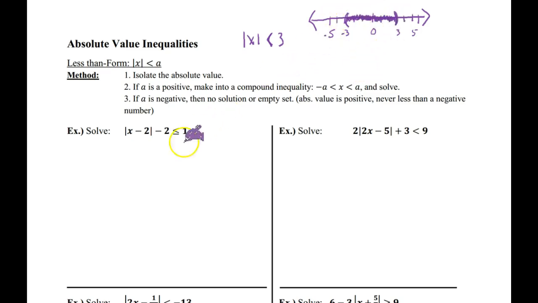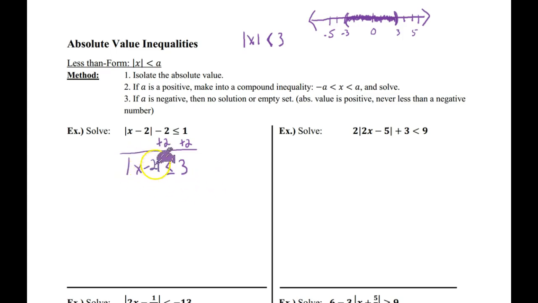So when I solve an absolute value inequality in the less than form, I still start by isolating the absolute value, just like we did with the equations. Looking at this example, I would add 2 to both sides to get that absolute value alone, and I have the quantity x minus 2 less than or equal to 3.